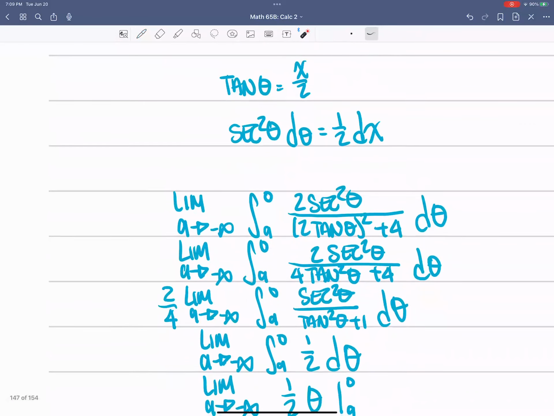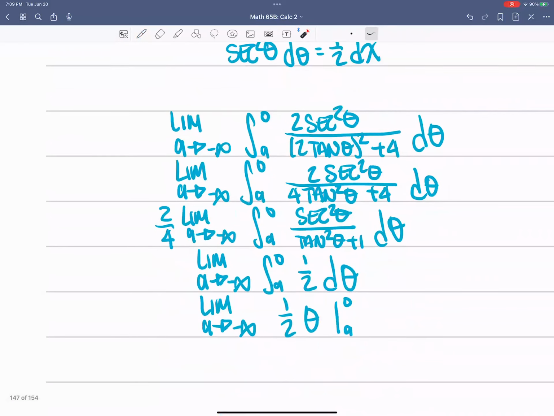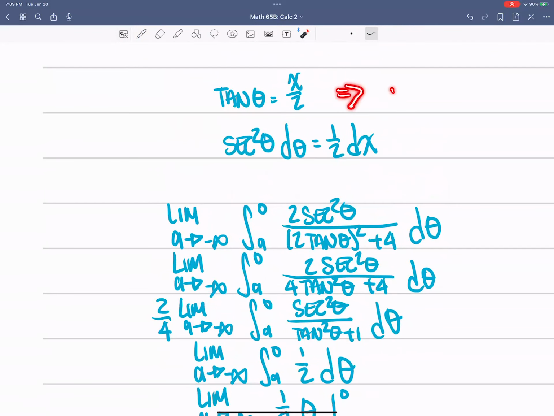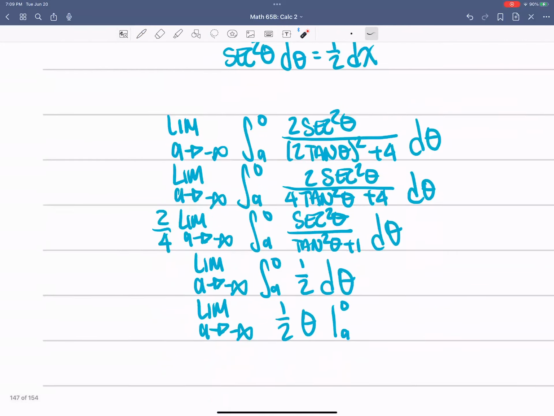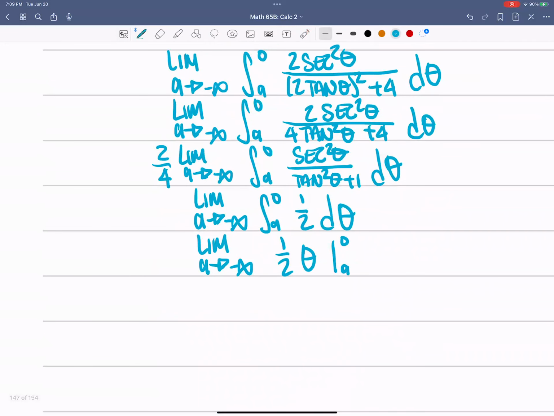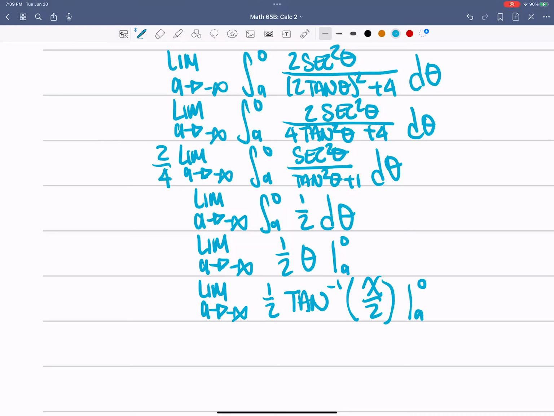Theta is equal to tangent inverse of x over 2. So the limit as a approaches negative infinity of 1 over 2 tangent inverse of x over 2, evaluated from a to 0.